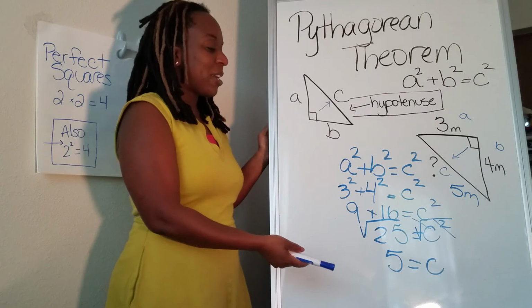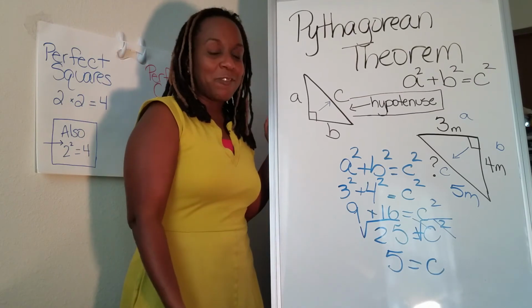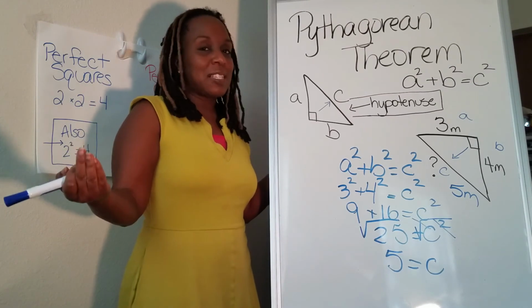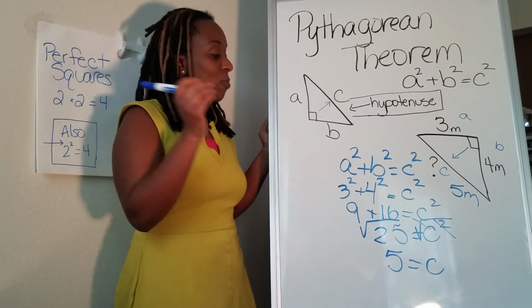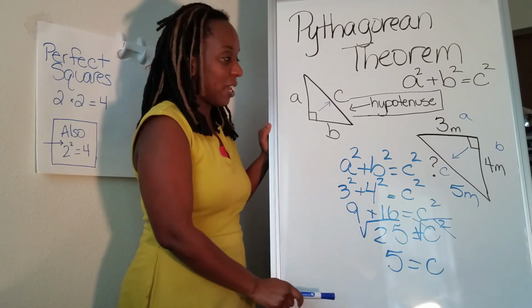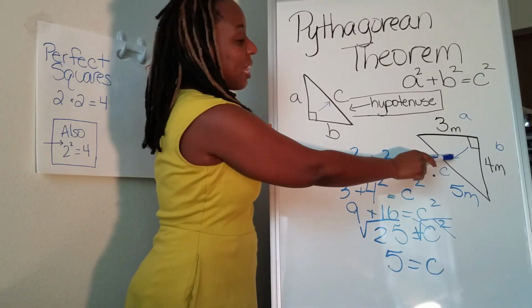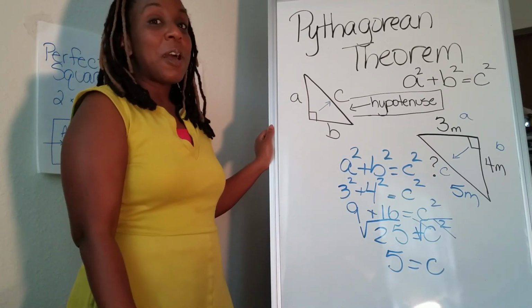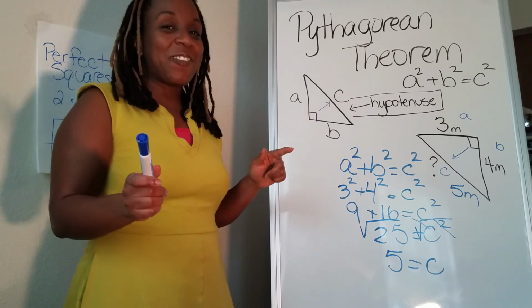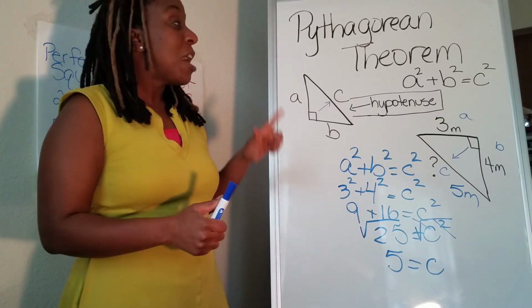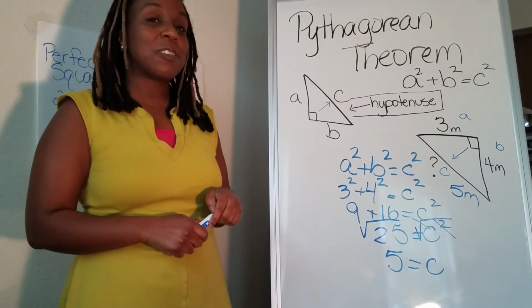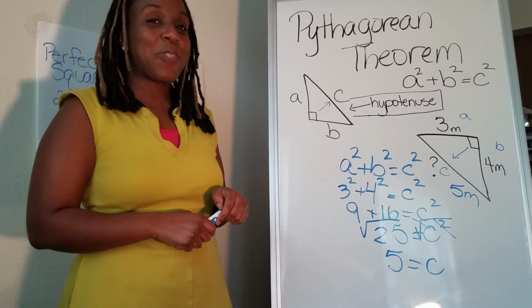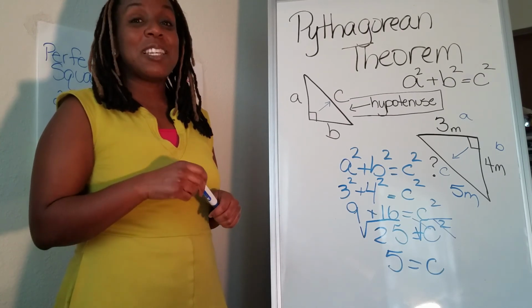So in this situation, the square root of 25 being negative 5 doesn't make any sense. We're not going to use it. So we're only going to use the positive answer, which says that the length of this last side would have to be 5 meters. All right, there's some other variations. We could take it up a notch, but that is enough to get you started on some bonus information on the Pythagorean Theorem.